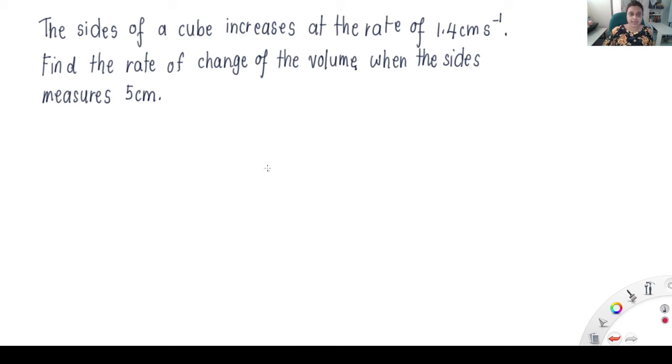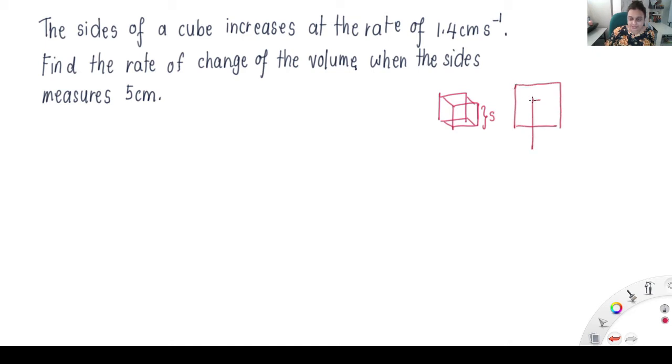The side of a cube increases at the rate of 1.4 centimeter per second. So the side is increasing, meaning that let's say a normal cube like this. Now let's say this part is the side. The side is increasing, that means it's becoming bigger. Can you see?